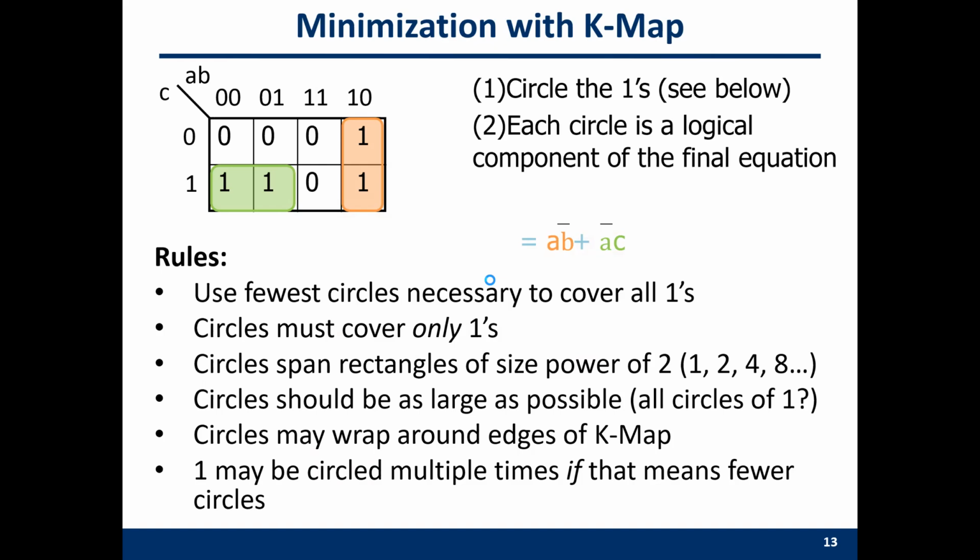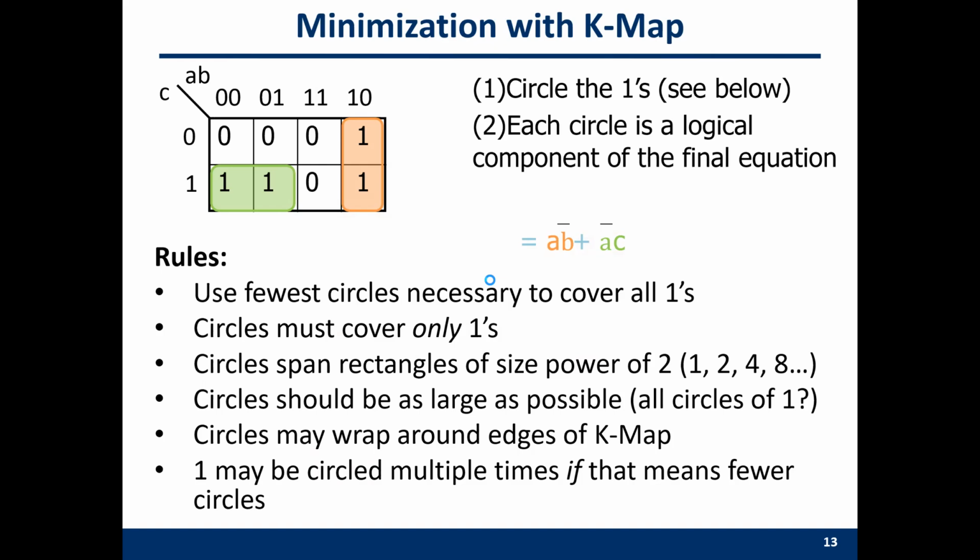For this one, it's a 0, 1, 1, 0. So for these two, A is always 0, B is always 1. C is always 1. D can be 0 and D can be 1.